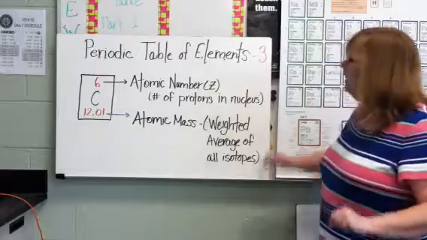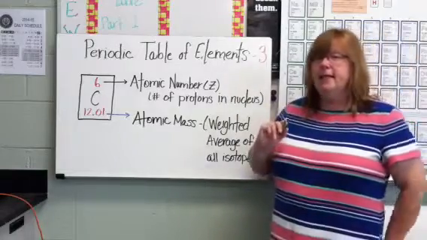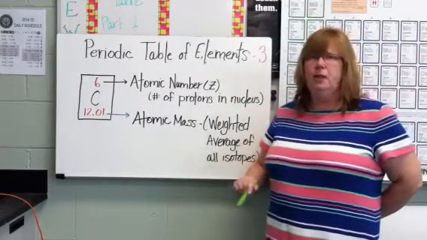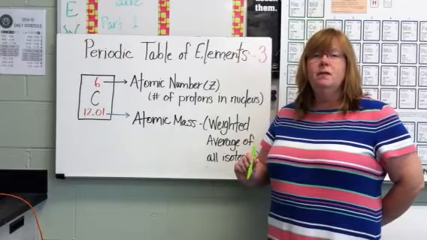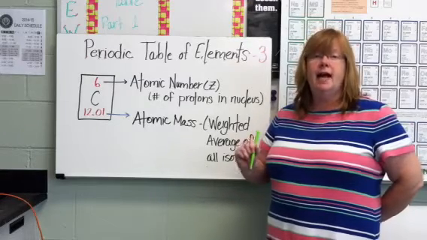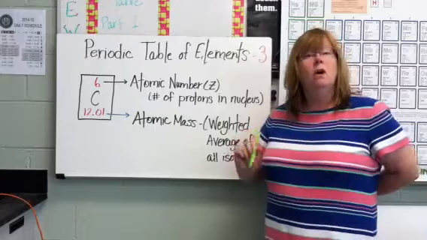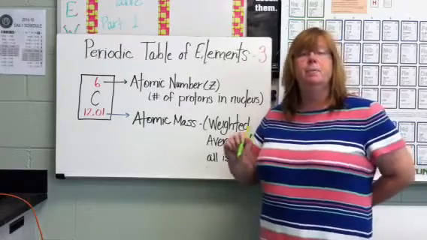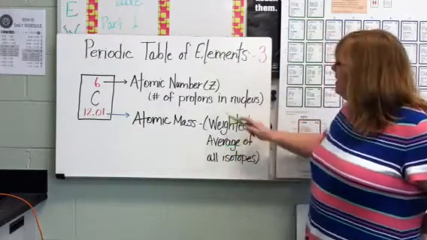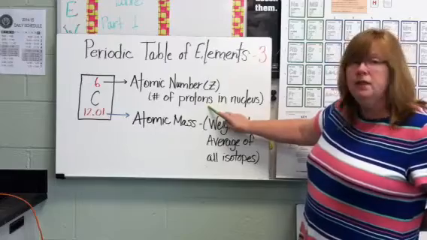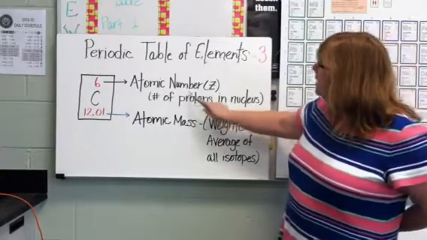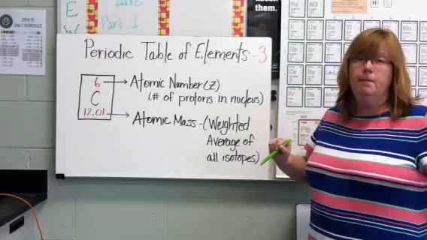Now, remember when we defined an element back in the first week of school? We said an element was something where all the atoms were the same, or all the atoms had the same number of protons. Well, that number of protons in the nucleus of the atom is equal to the atomic number.